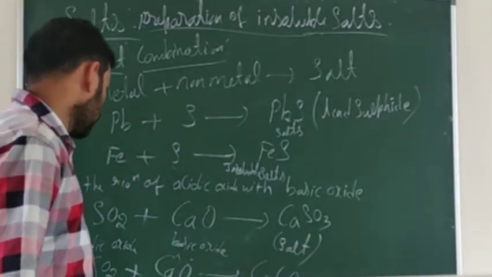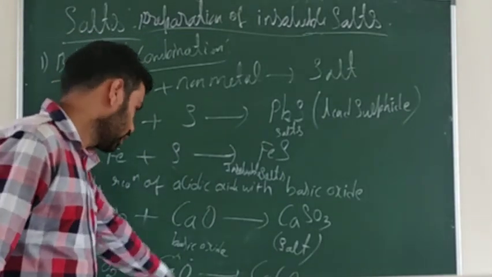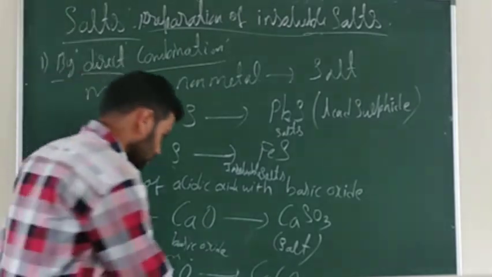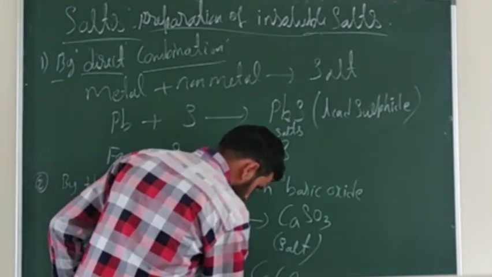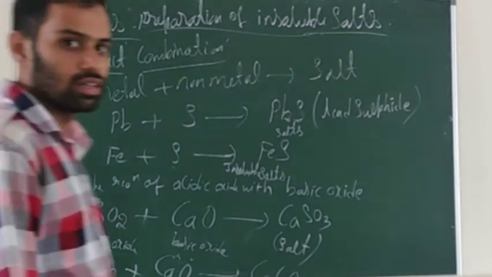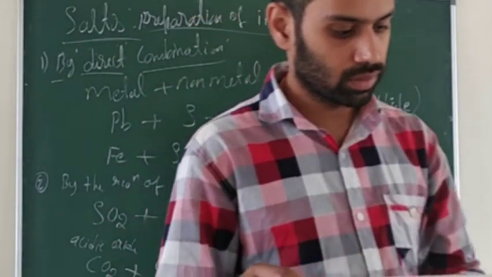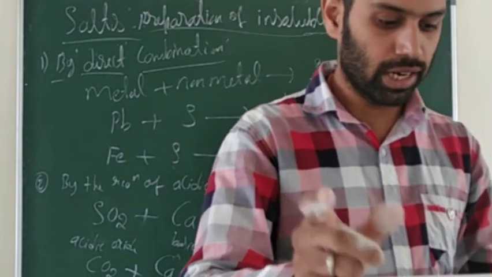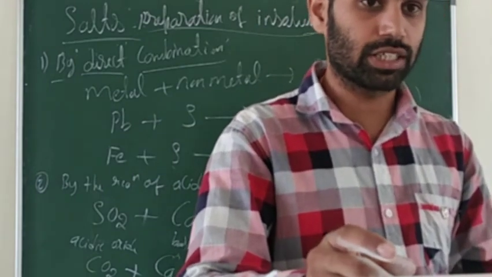That is also an insoluble salt. So these are the two methods for the preparation of insoluble salts. Next, one more method, by the precipitation reaction.